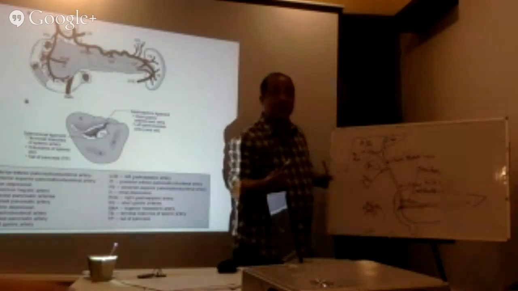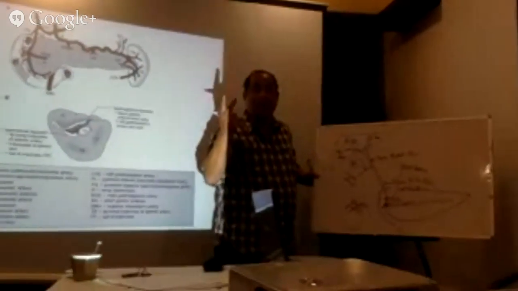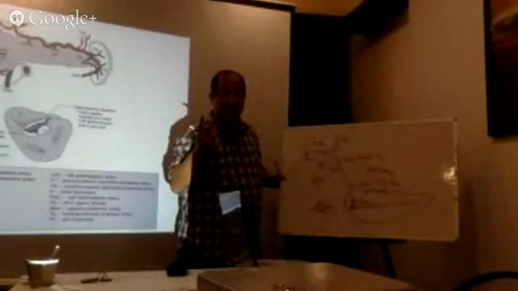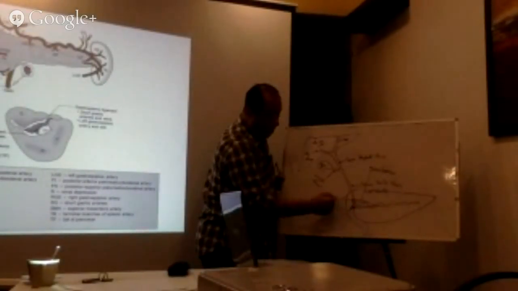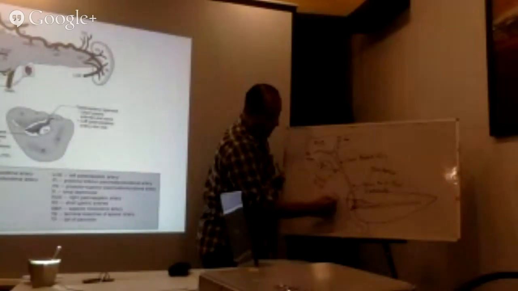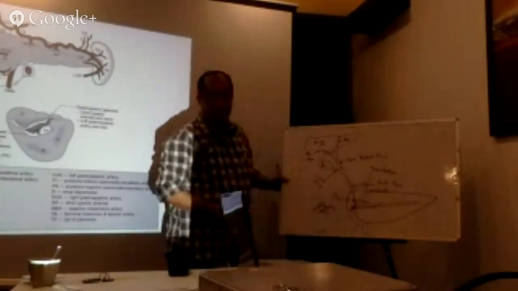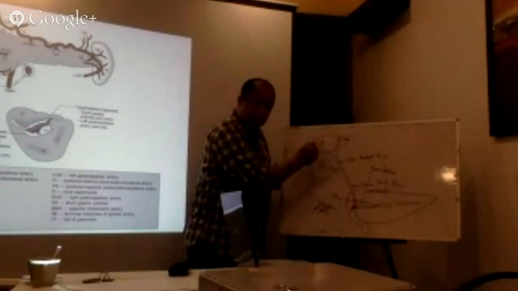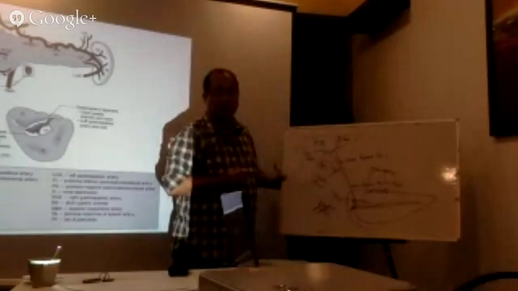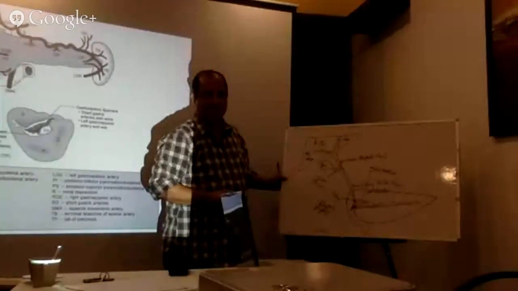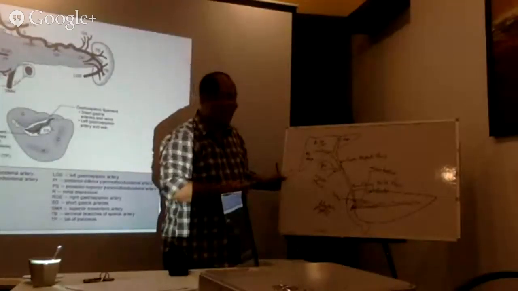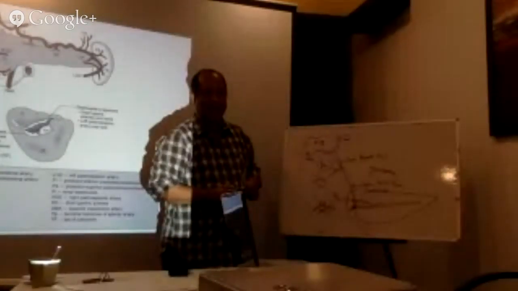So the secretions of the pancreas are going to have two choices: they go to the major papilla or they go to the minor papilla. Any of them. But the bile has only one choice, and the choice is through the major papilla. And this is the ductal system of the pancreas as well as the liver.